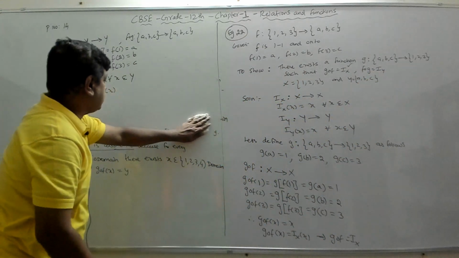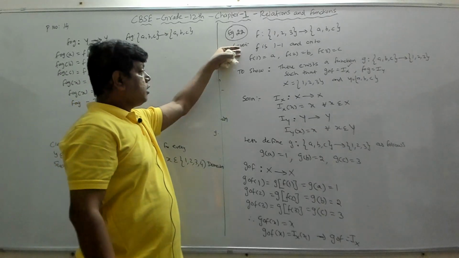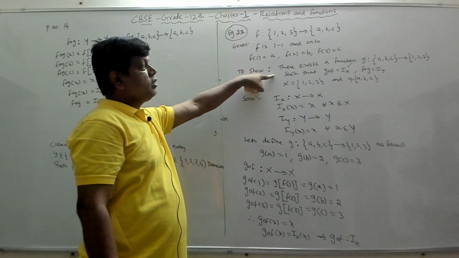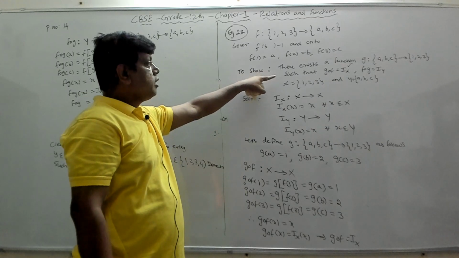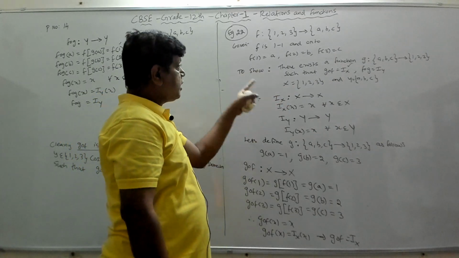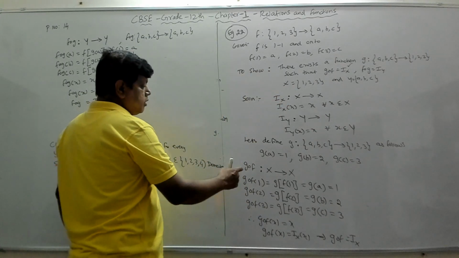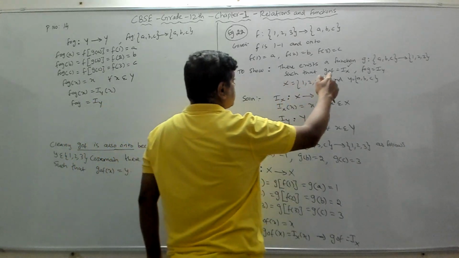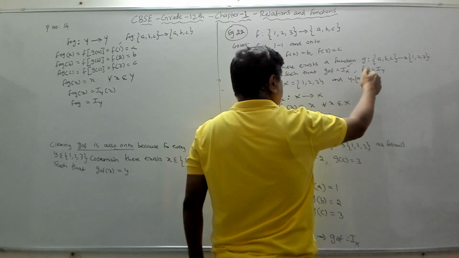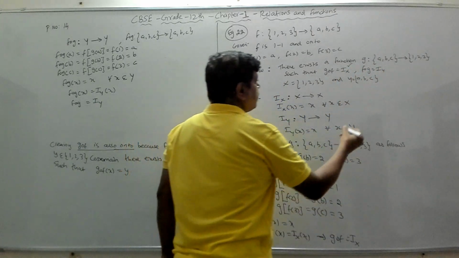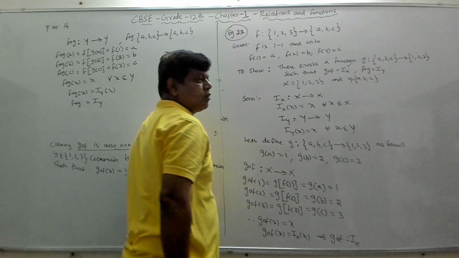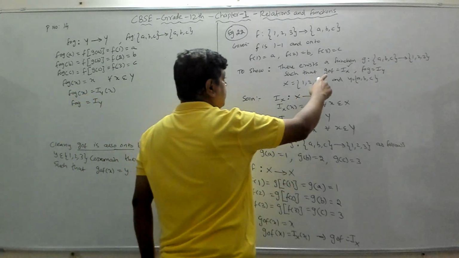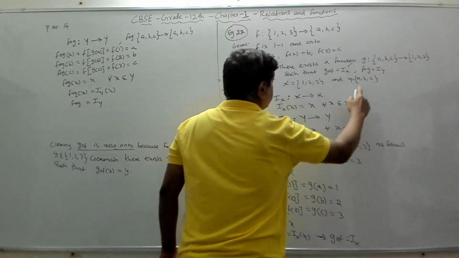We have shown that for a given function, we are able to find a function g, defined in such a way that g of f is an identity function, and f of g is also an identity function. So we have proved that g of f is ix and f of g is iy.